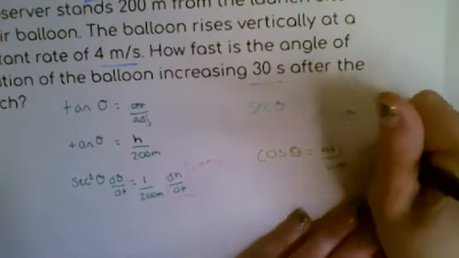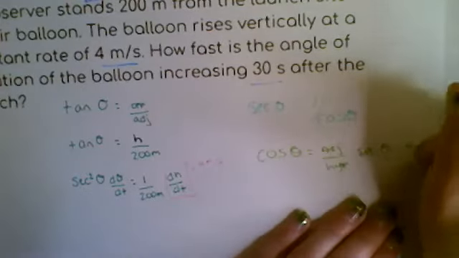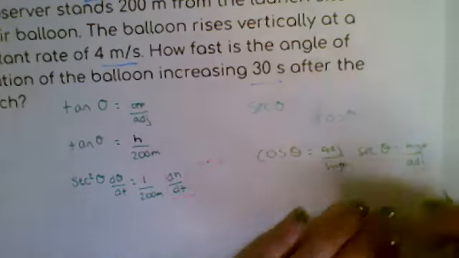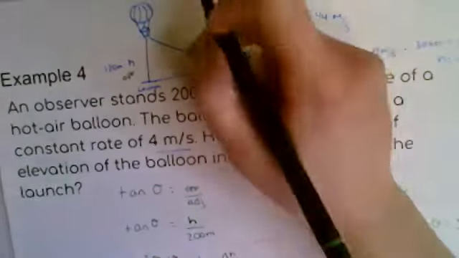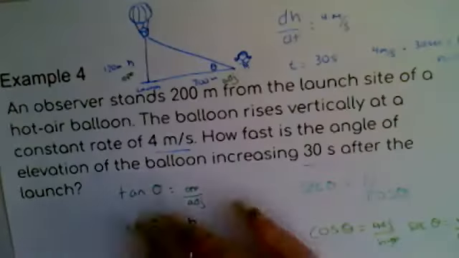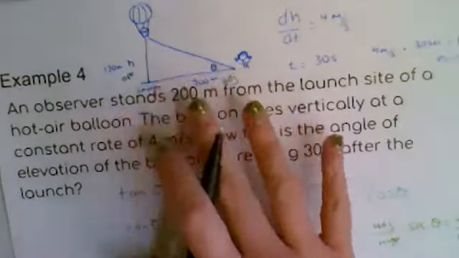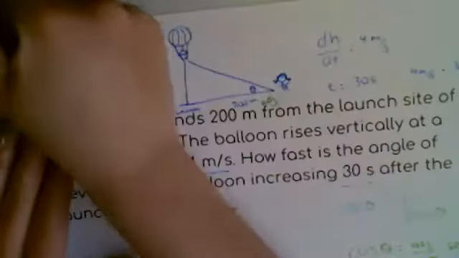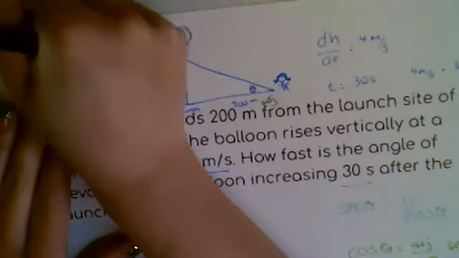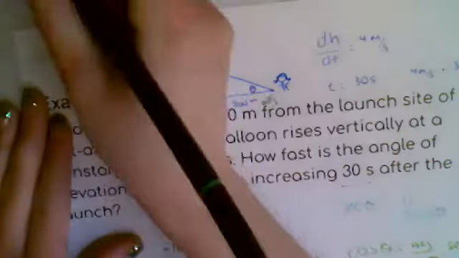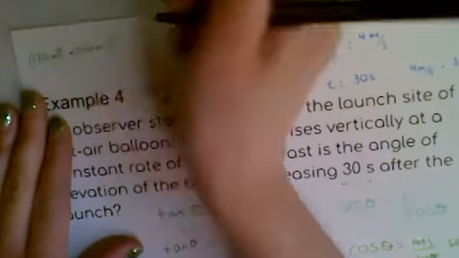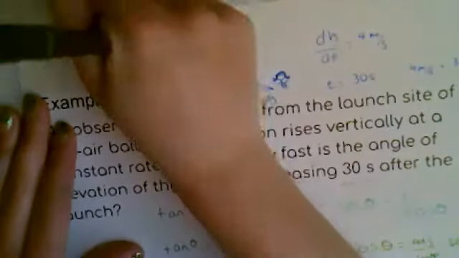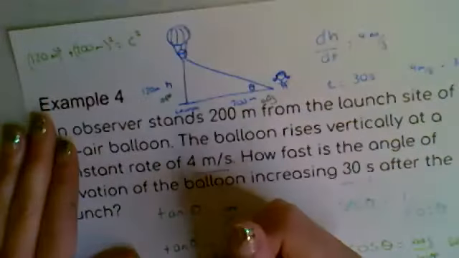So secant theta is going to be hypotenuse over adjacent. If I go back to my picture up here, I'm missing my hypotenuse, but I could figure it out because this is a right triangle. So let's go ahead and do that. We're going to say 120 meters squared plus 200 meters squared equals my hypotenuse, which I'll just call c squared.